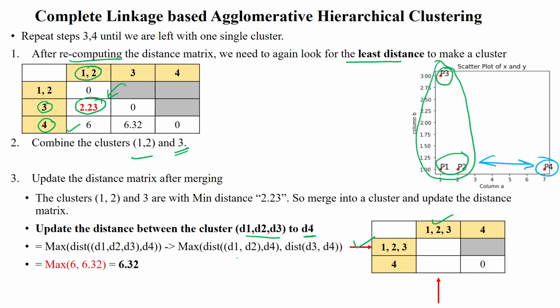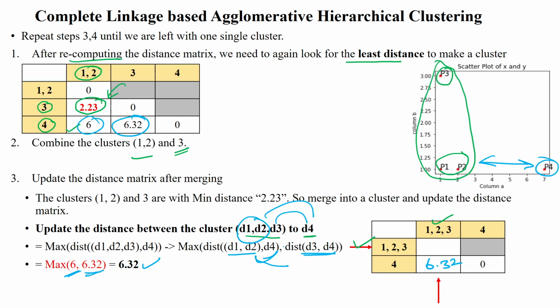For that, we have to identify d1 to d4 and d3 to d4. d3 to d4 is 6.32, that is given here, and d1 to d4 is 6. So the maximum of 6 and 6.32 is 6.32, so 6.32 will be written here.